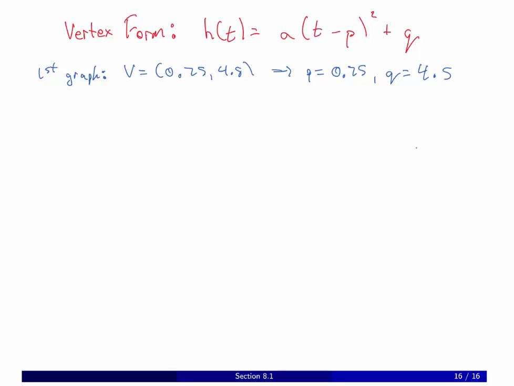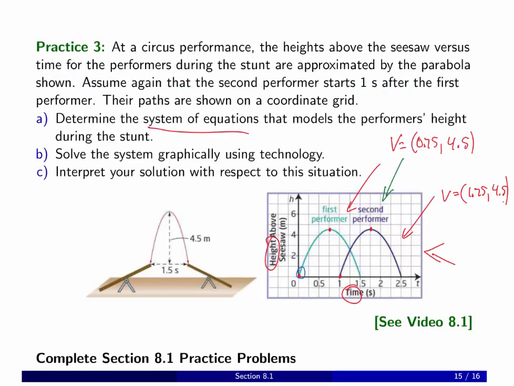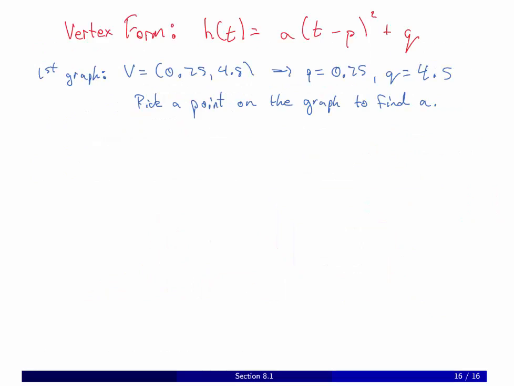And you can do this by picking a point on the graph to find a. I'll choose this nice point right here, 0 and 0, perfect point. Therefore, what we're going to be left with is 0 equals a.